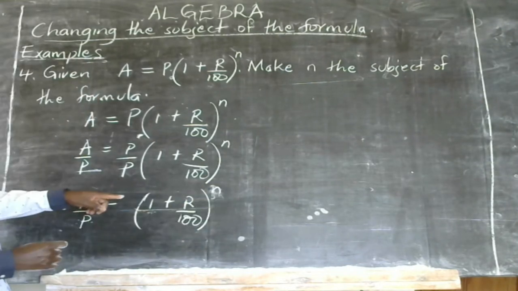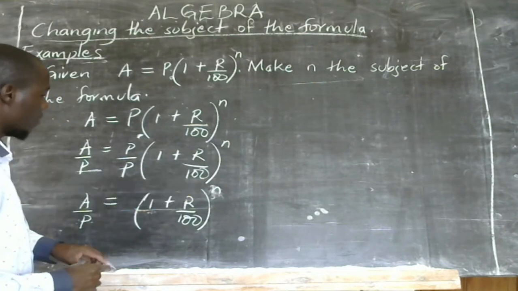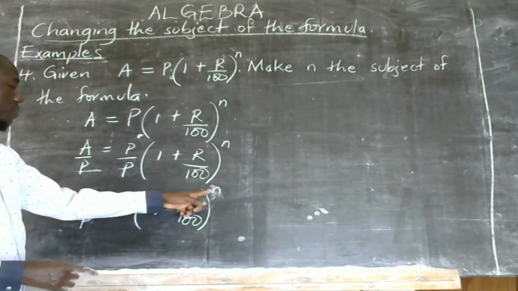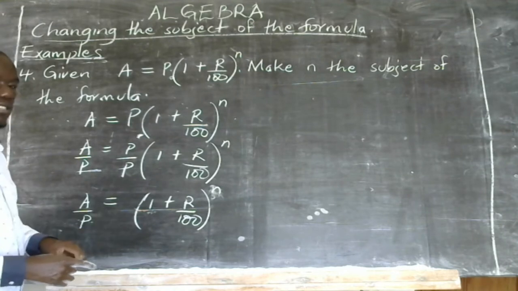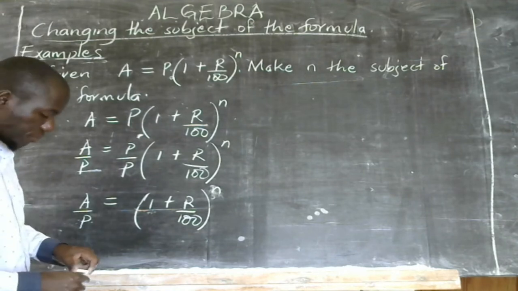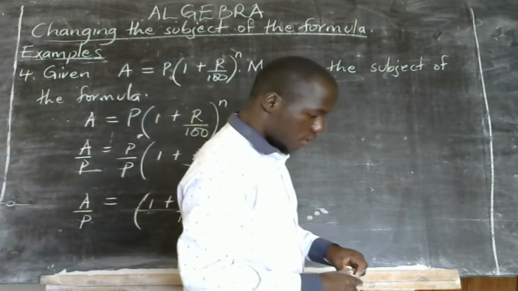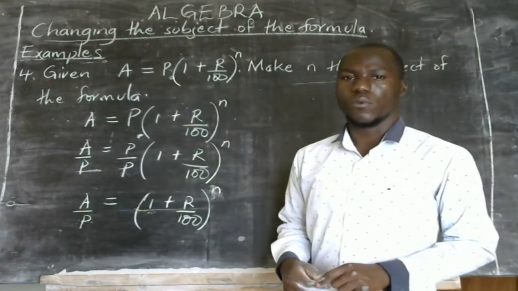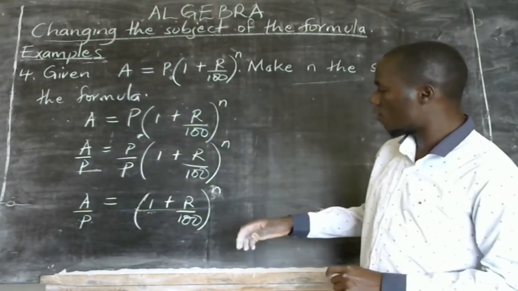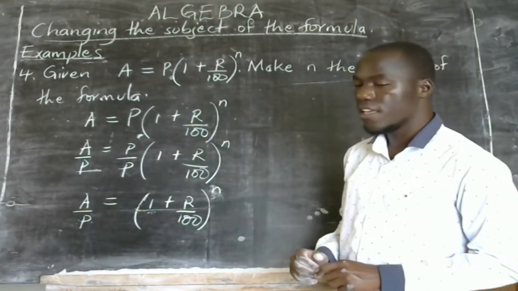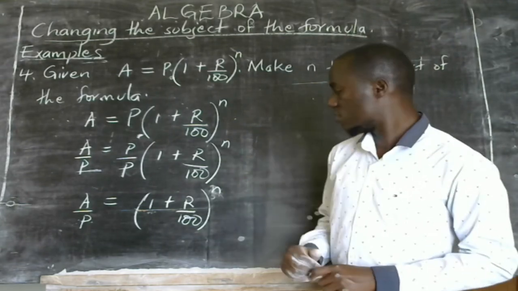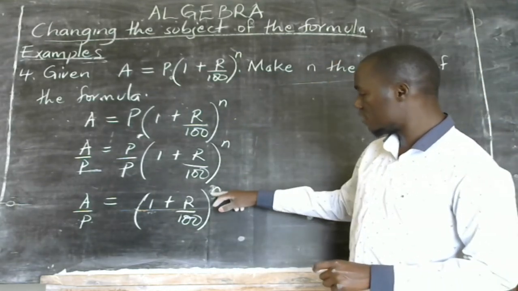Now I'm going to look at ways of removing this n from the power and placing it in the numerator. When you go back to our work on logarithms, you used to see how we removed these powers.